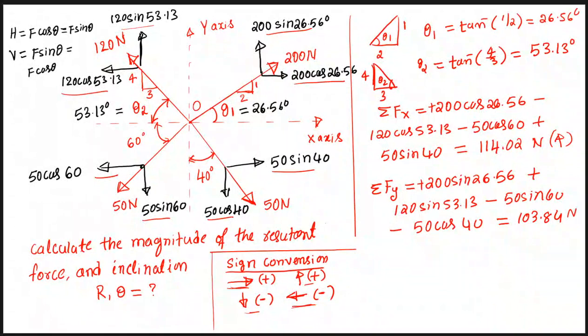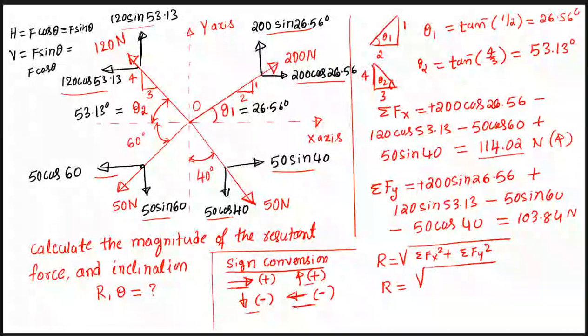Now calculate the magnitude of the resultant force. R is equal to the root of sigma Fx square plus sigma Fy square. So the value of R is equal to the root of 114.02 square plus 103.84 square.